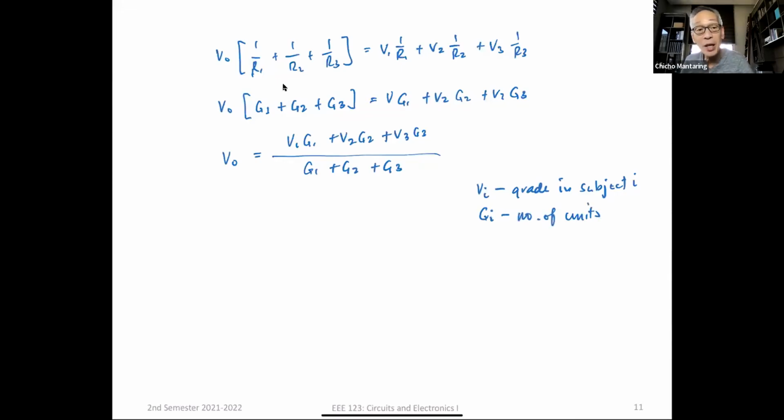So if you have 3 subjects, ano yung GWA mo? You have V1 G1 plus V2 G2 plus V3 G3. That's your grade multiplied by the number of units all over your total number of units. So notice that that is your weighted average. So that's why you call this a weighted average circuit. It's a very simple circuit.